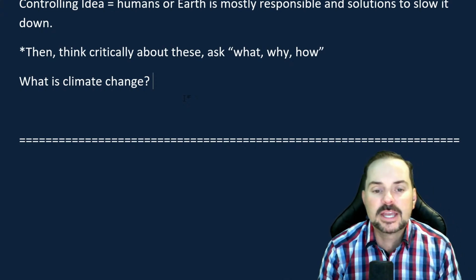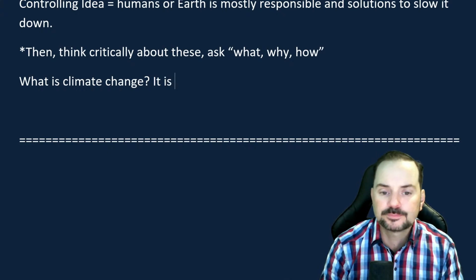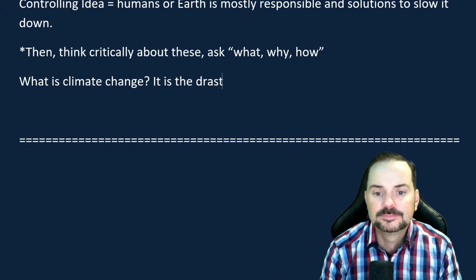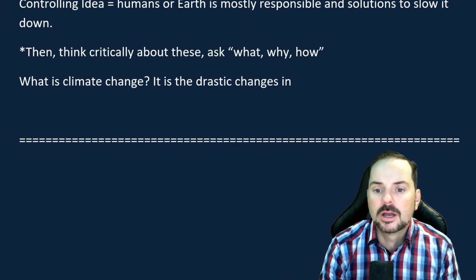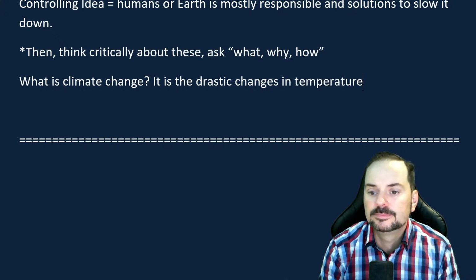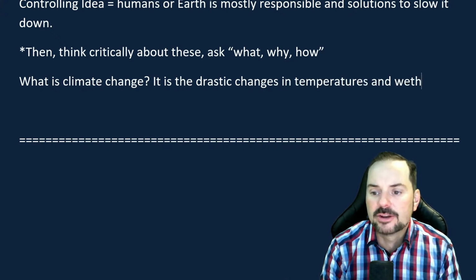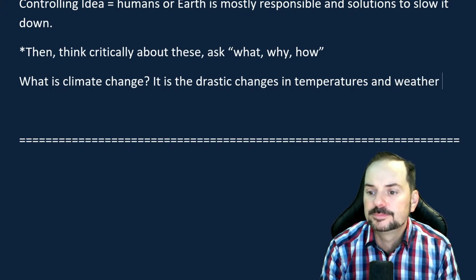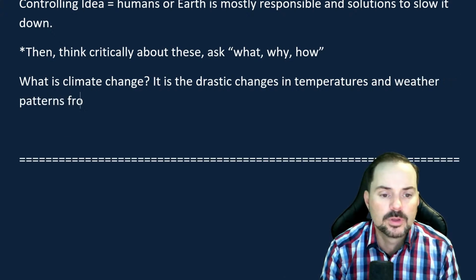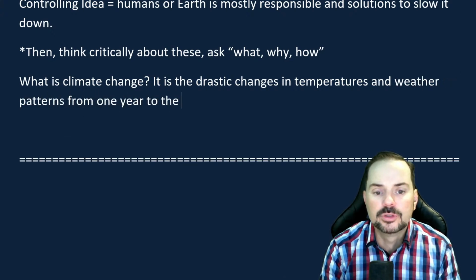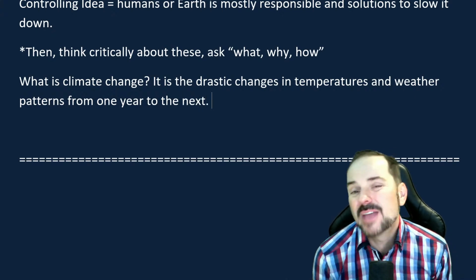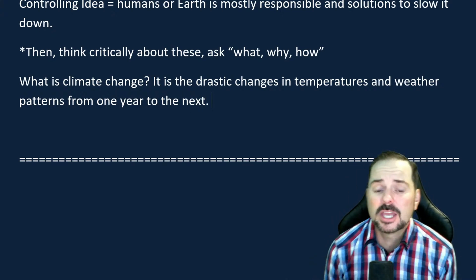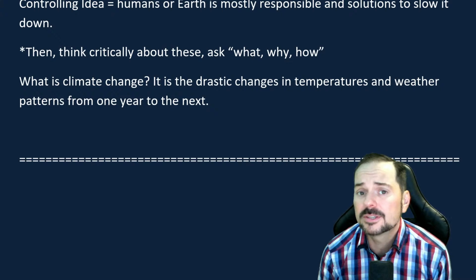So I would say it is the drastic changes in temperatures and weather patterns from one year to the next. That would be my best definition. Again, I'm not telling you I have the perfect definition.